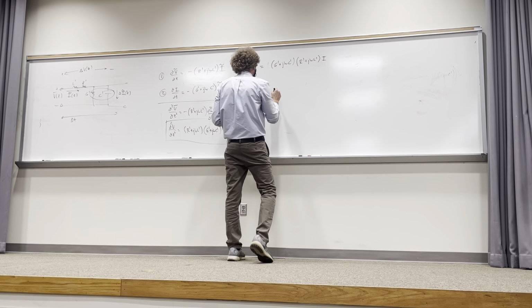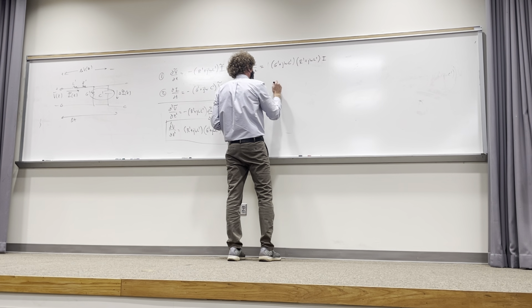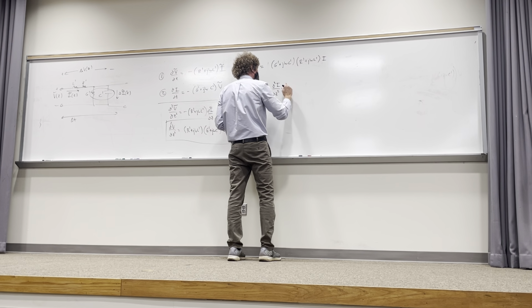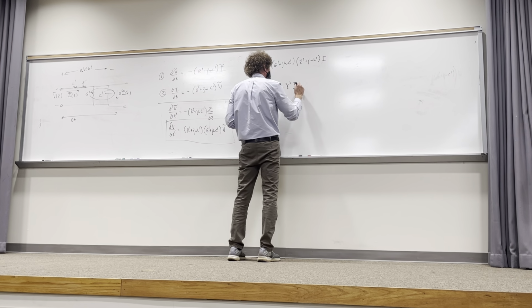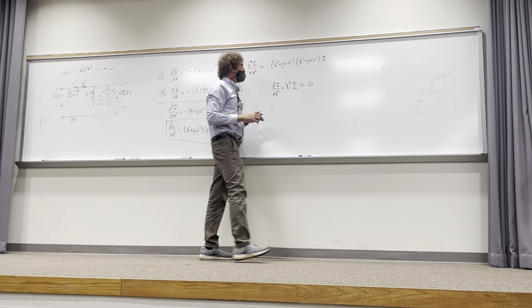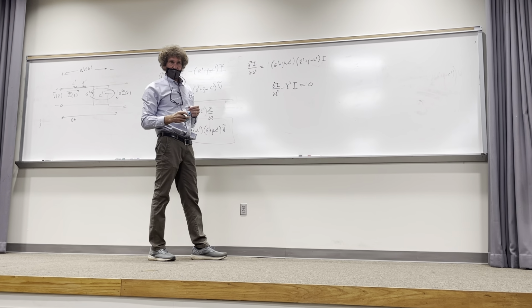So now I have the second derivative of I with respect to z squared minus gamma squared I equals 0. You can get this by just substituting gamma squared for g plus j omega c times r prime plus j omega l prime. You get a gamma squared there and take it to the other side.